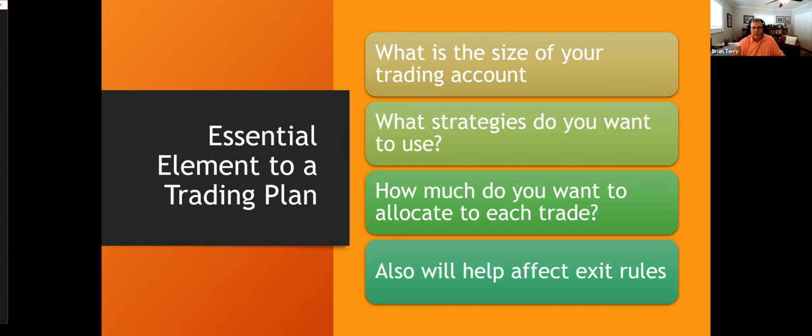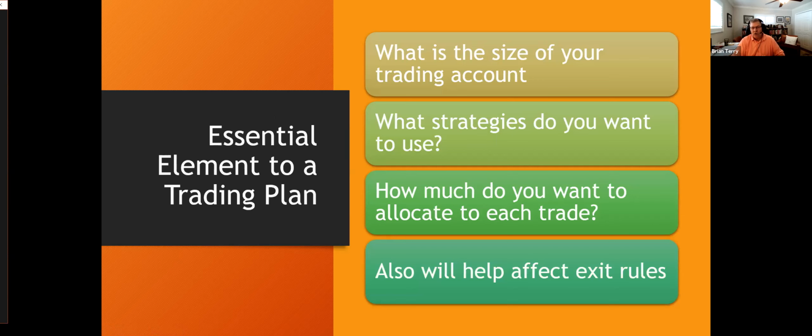Position size is really an essential piece of any trading plan. When you are building out a trading plan, you want to say, my trading business has X amount of dollars. It doesn't really matter what that number is, as long as you have that as your trading capital.